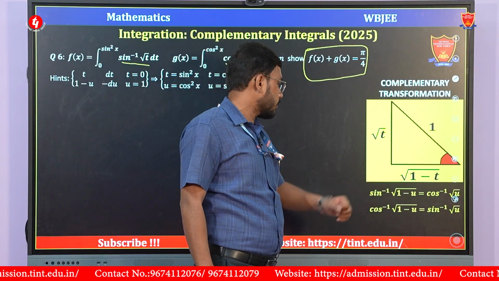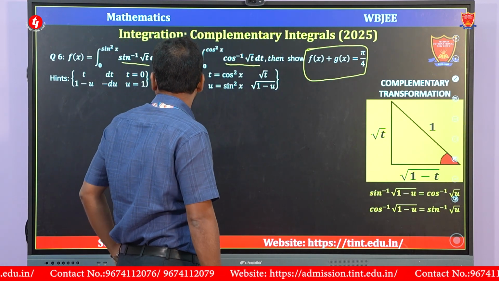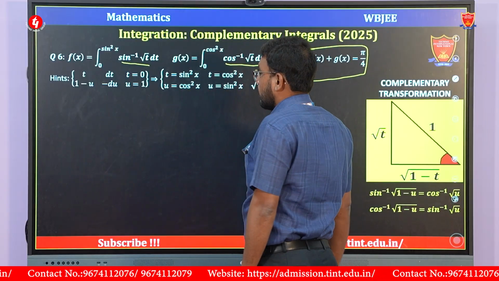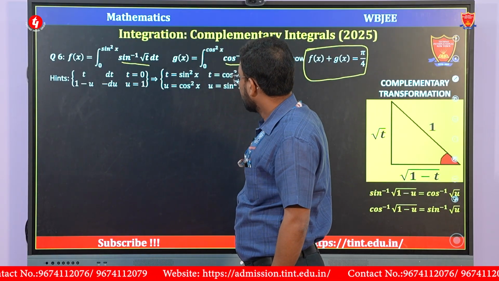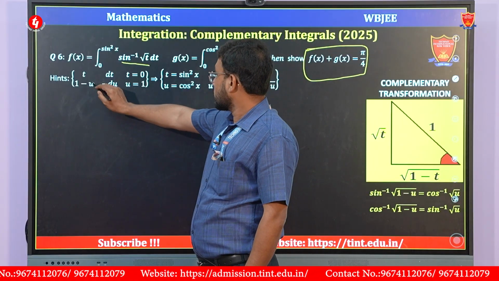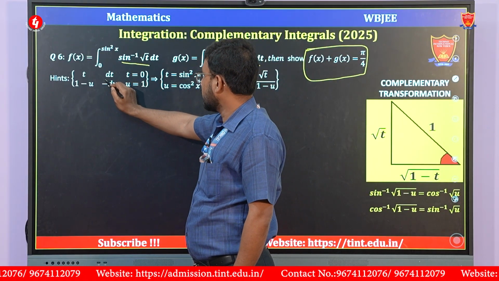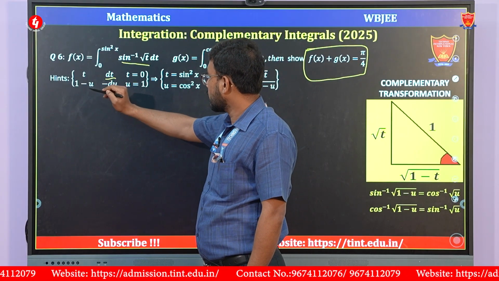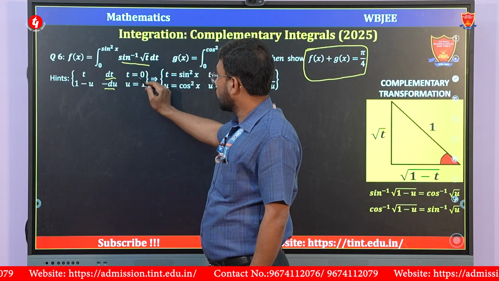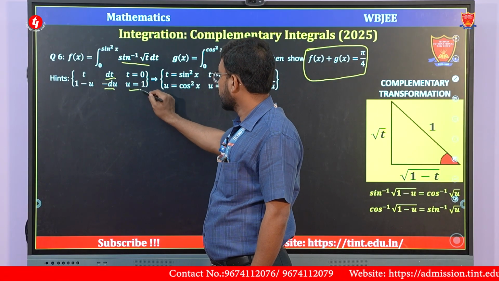Just using these two concepts for this particular problem, here also we substitute two things. One is t is replaced by 1 minus u, that means t is 1 minus u. So, dt is minus du from here, and when t is 0, u is 1.